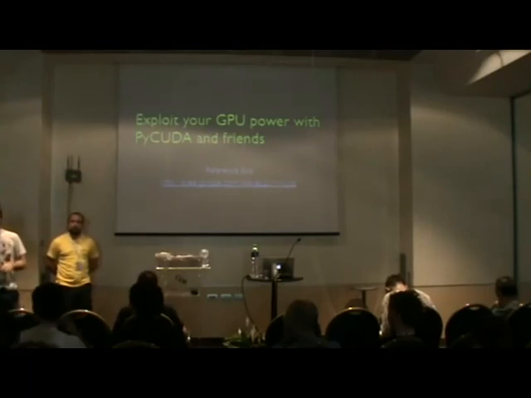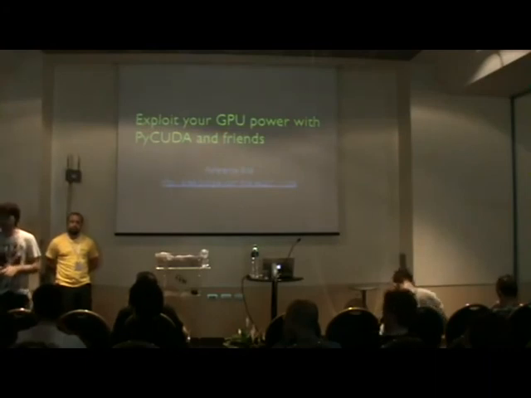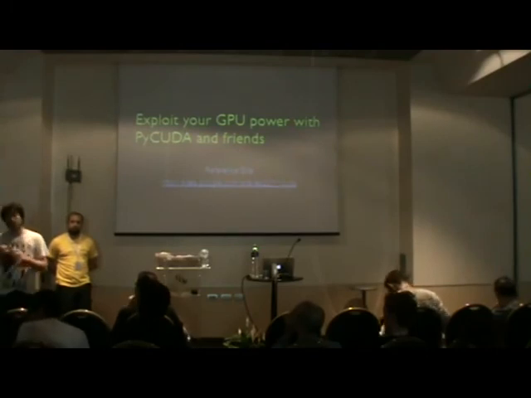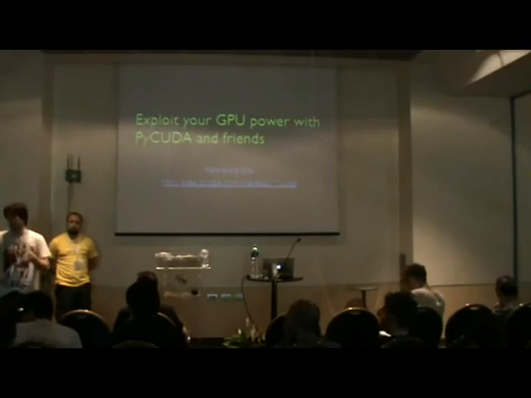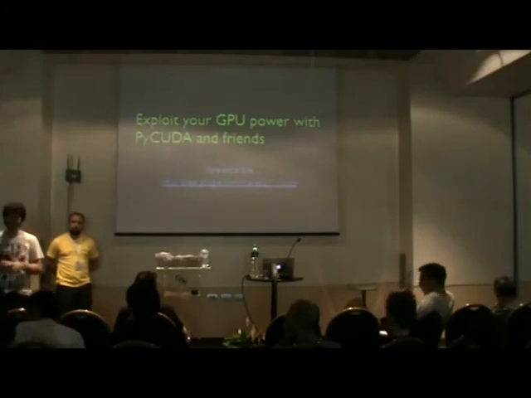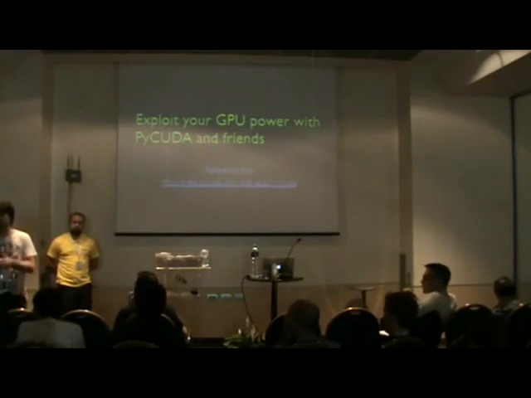Some libraries have bindings for Python, and some I don't know. I didn't try the library for doing Fourier transformation, but I think that maybe there are bindings for this library. Maybe.